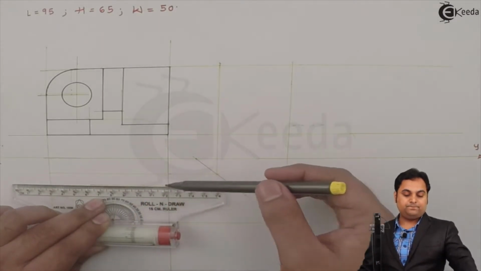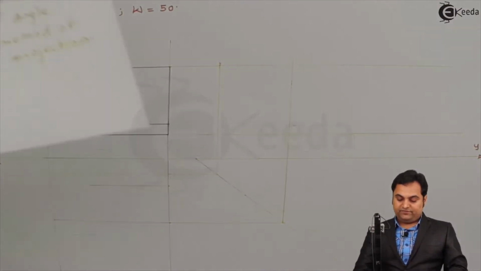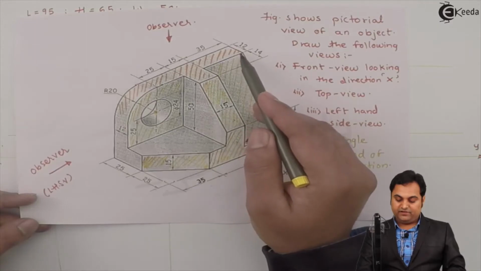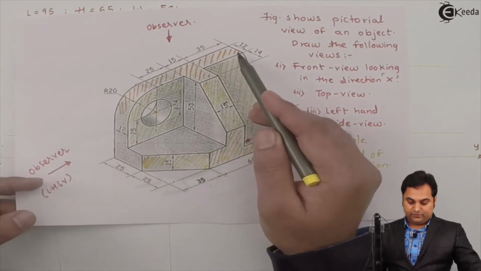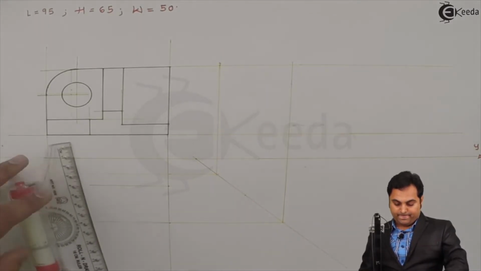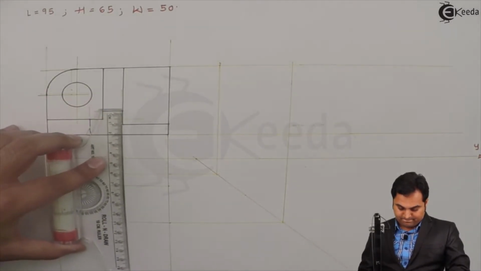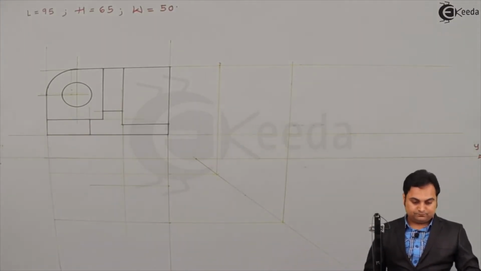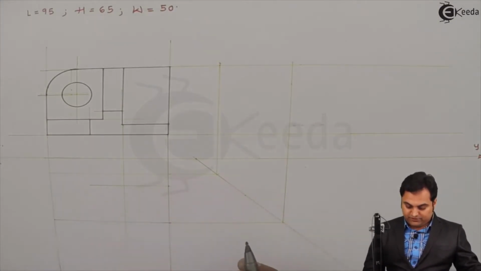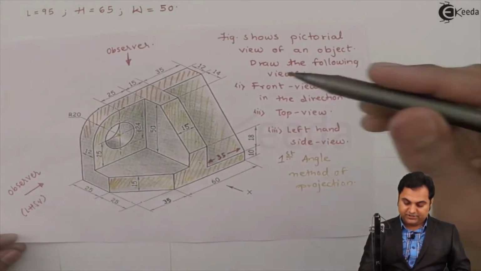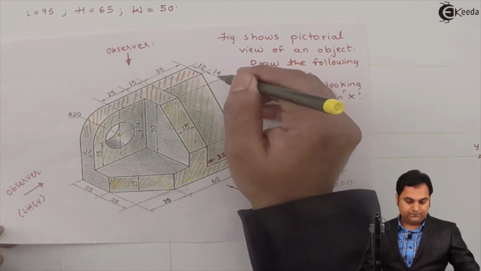Then this surface is having a distance, or we can say the length is 35, which I can directly get from the front view, which I have already done. Next, after this 35 mm, here this portion is extended forward by 14 mm.